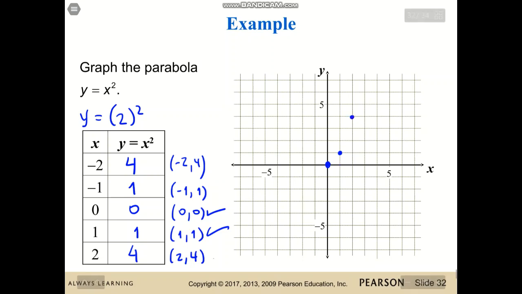-1 and 1. This is okay. -1 here and 1. And -2 and 4. -2 is here. 1, 2, 3, 4. 4 is here. And let's try carefully here to draw the graphic, which is going to be a parabola.